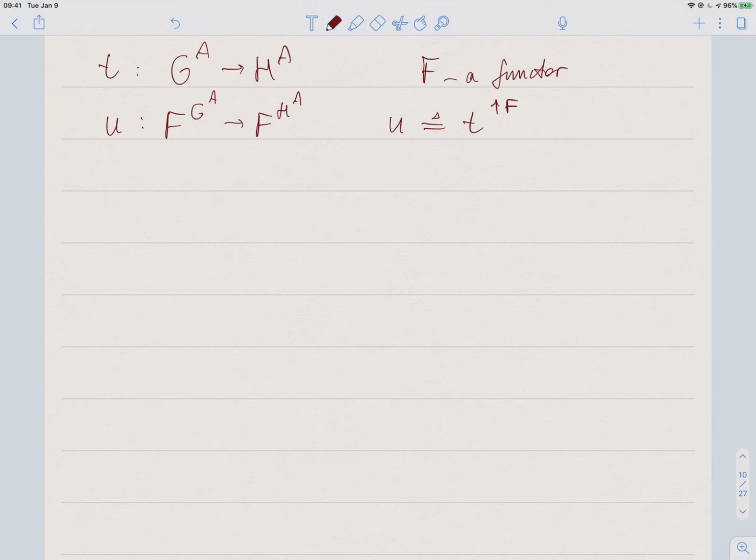Now I need to prove the naturality law, which is that for any function f of type a to b, I must have f lifted to the functor f g.